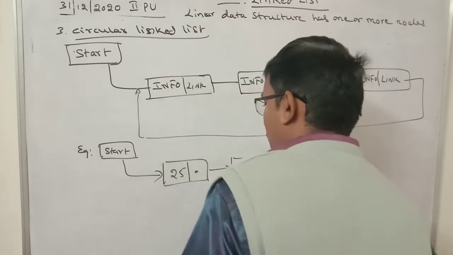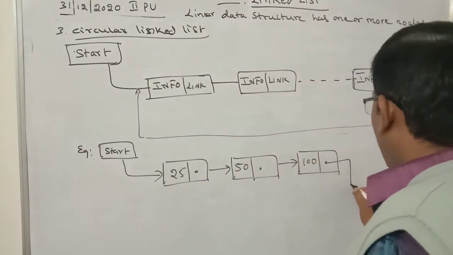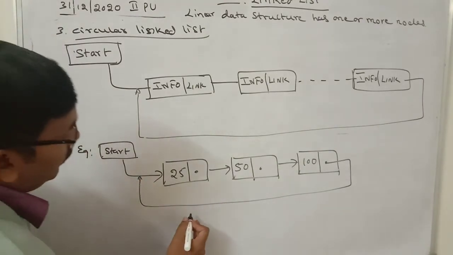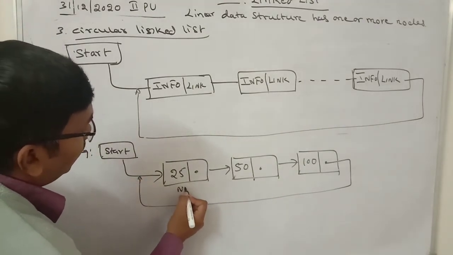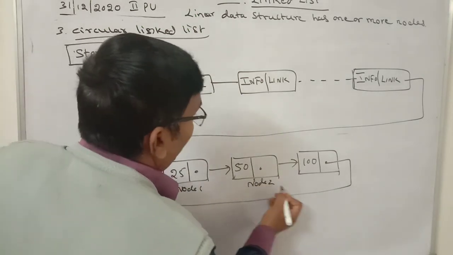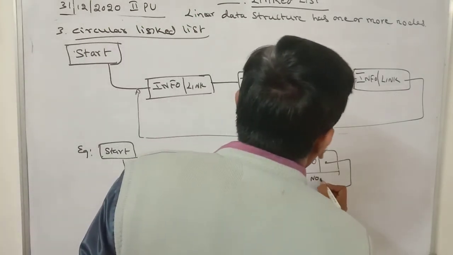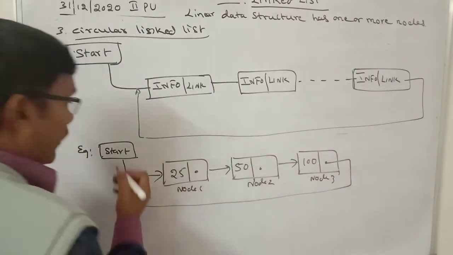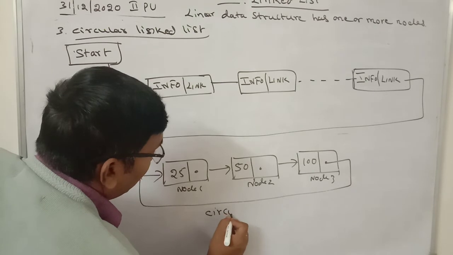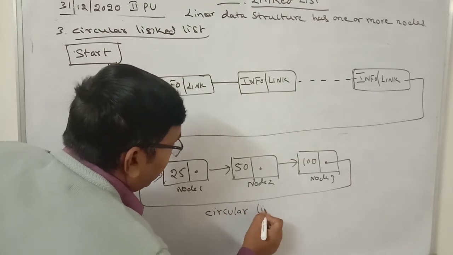And the last link is going to be connected to the first link. See, this is called a circular linked list. Node 1, node 2, and node 3.